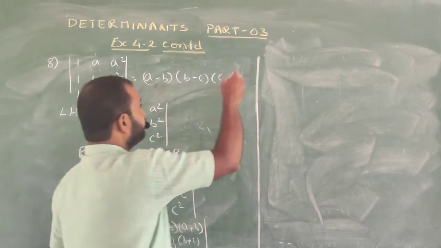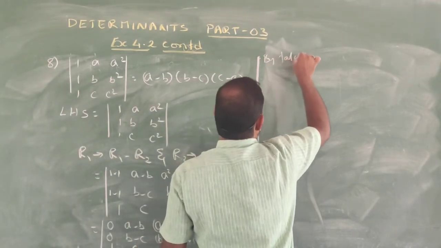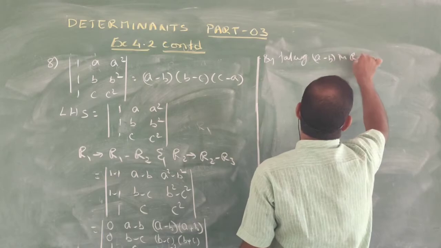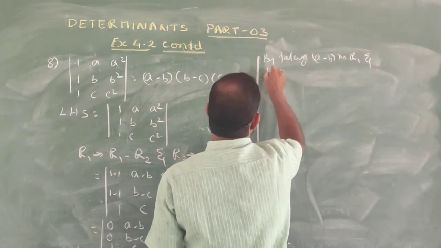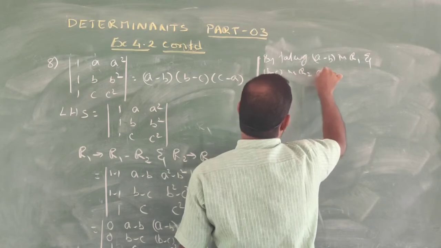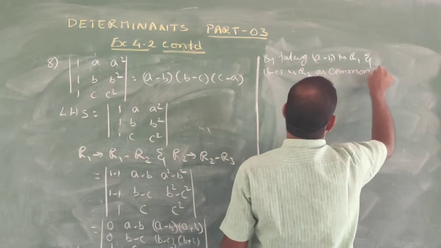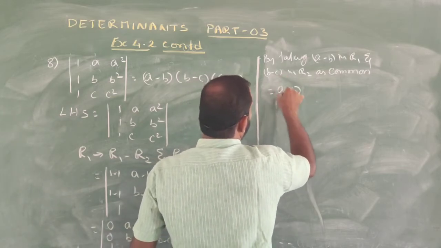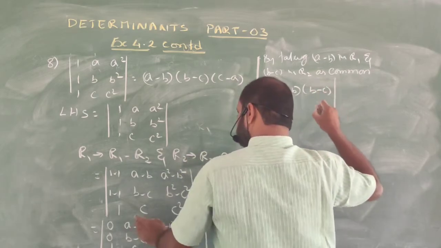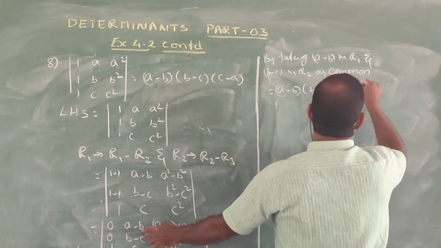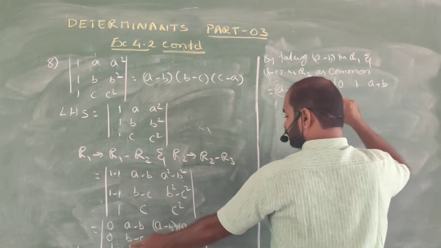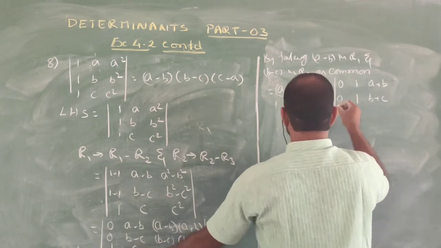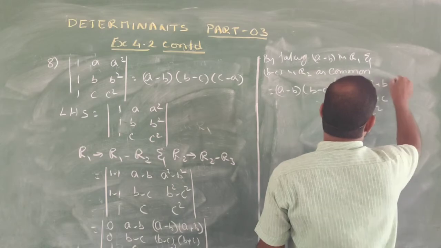So take a minus b in R1 and b minus c in R2 as common, we get (a minus b) into (b minus c) into 0, 1, a plus b; 0, 1, b plus c; and this is 1, c, c squared.